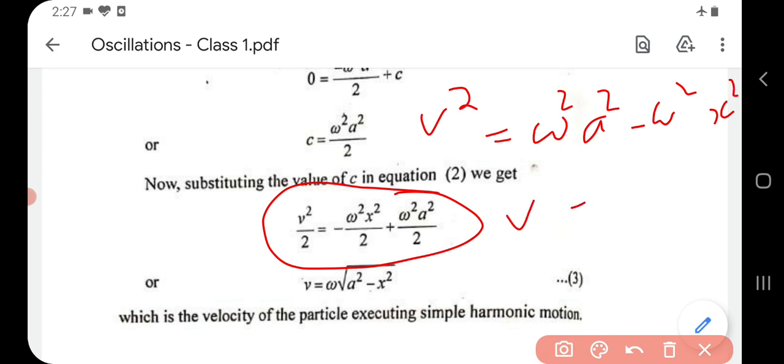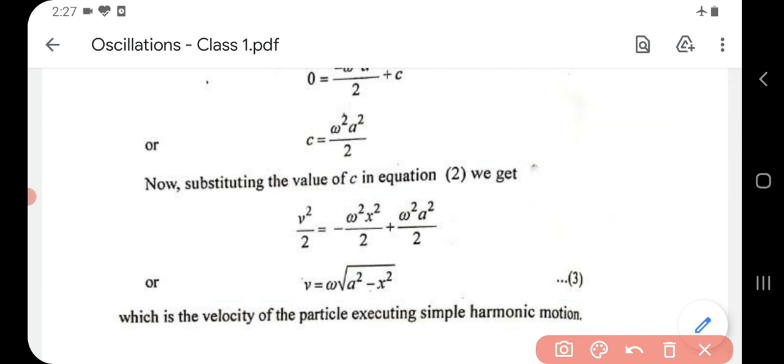So v square equal to omega square times a square minus x square. So what is v? v equal to omega root of a square minus x square. That is equation 3, and that is the velocity of the particle executing simple harmonic motion.